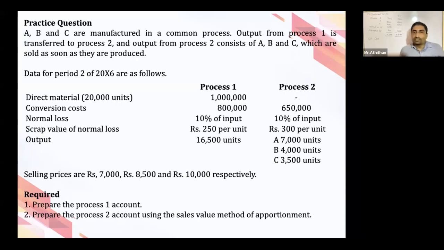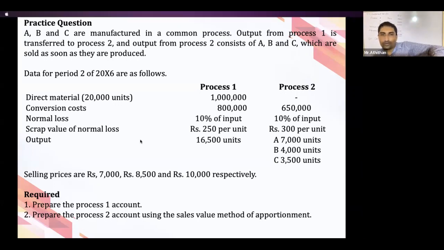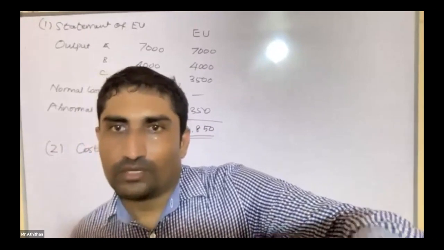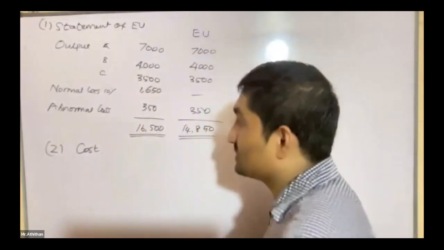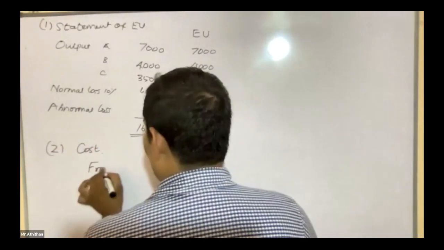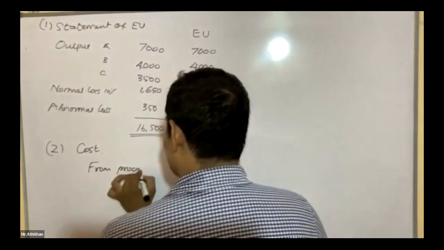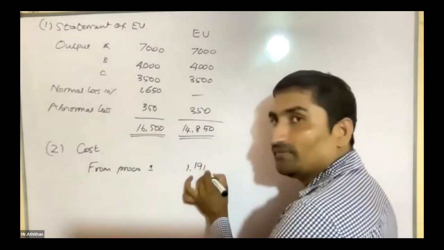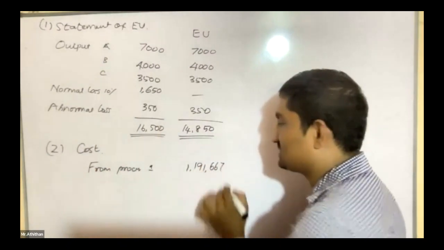Right. If we see the total cost, input from process 1, we already took 1.19 million. That is from process 1: 1,191,667.